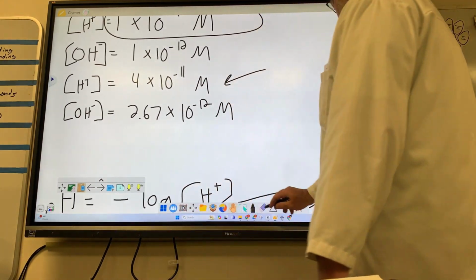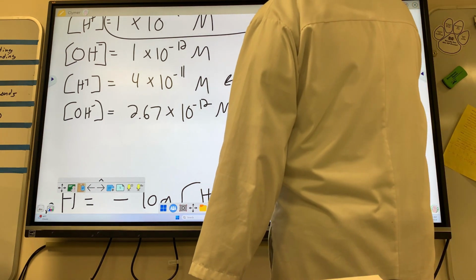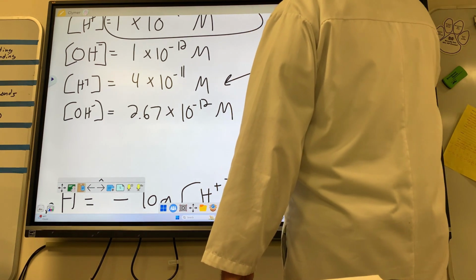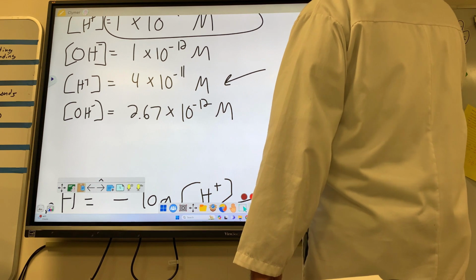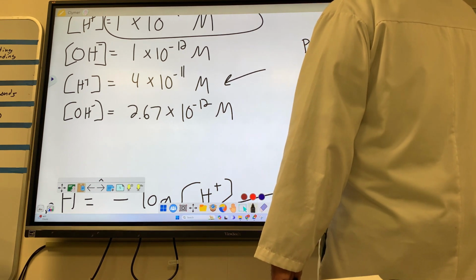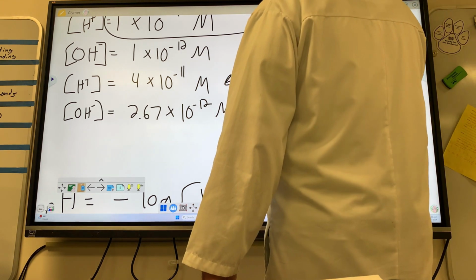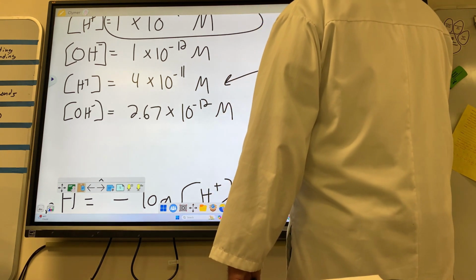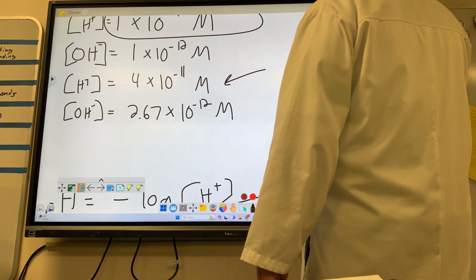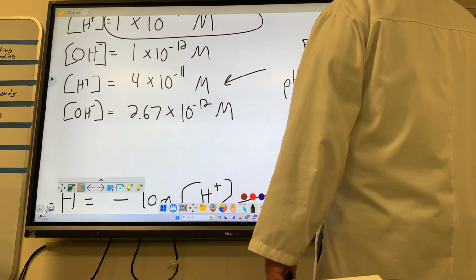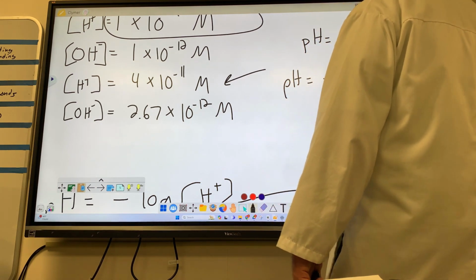So pH equals negative log H plus. So pH equals negative log of 4 times 10 to the negative 11th.